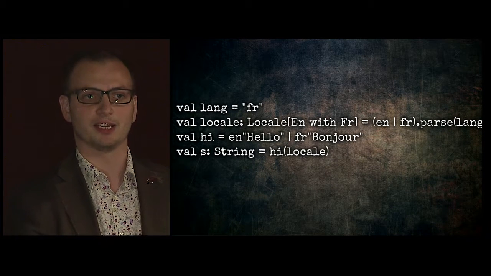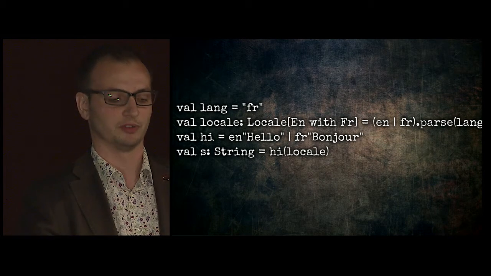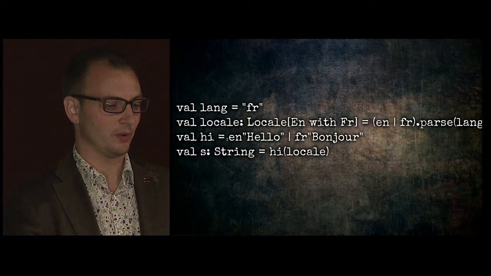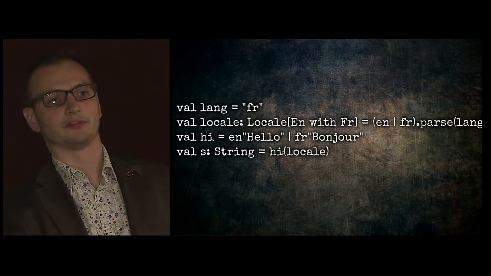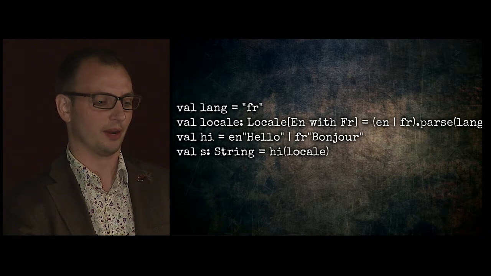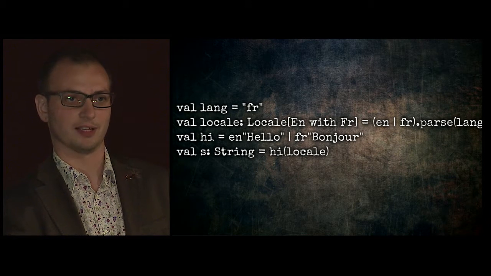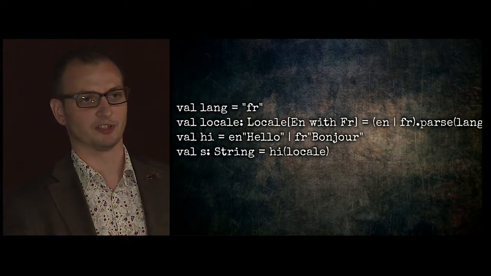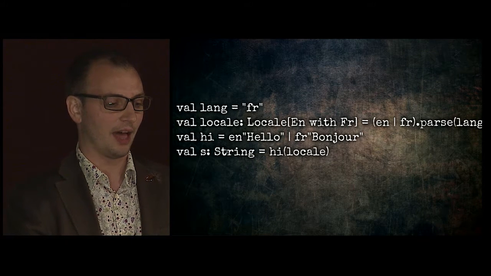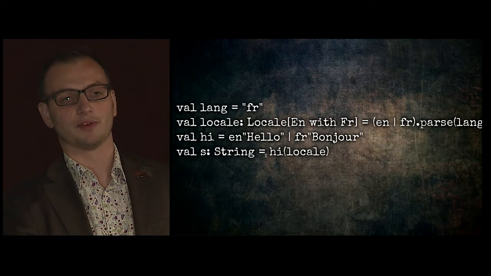If this happens to be de, this parser will fail. So here's the example. We then apply as a value to our iString the locale, the parsed language, which is either a successful language or some sort of failure, and this will then hopefully give us the string back.